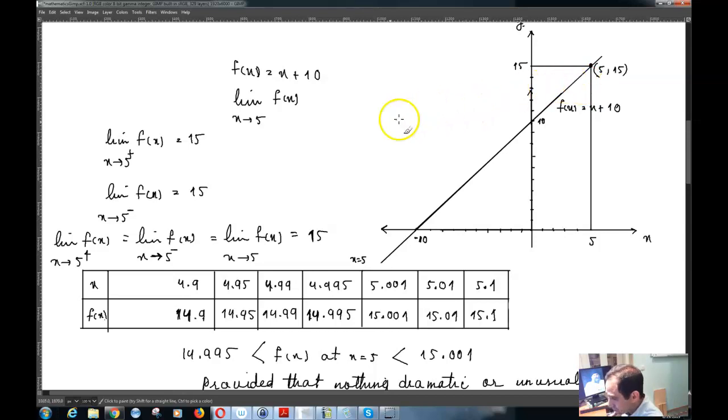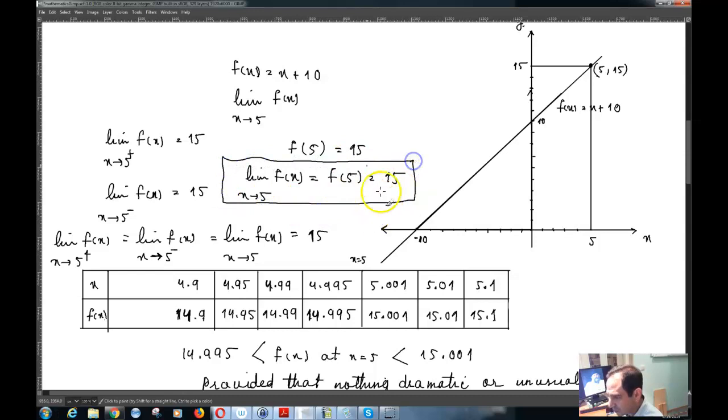And of course, over here you can also observe that again, f of 5 is actually equal to 15. And the limit of the function, if I assume that all of my assumptions are right, then I can say that the limit of f of x as x tends to 5 is actually equal to f of 5, which is equal to 15.